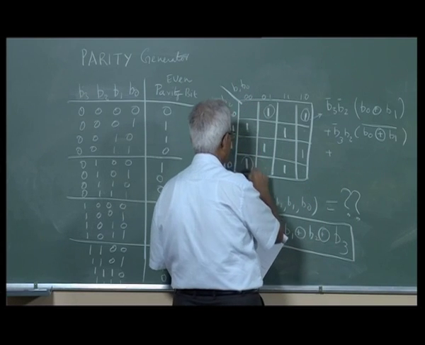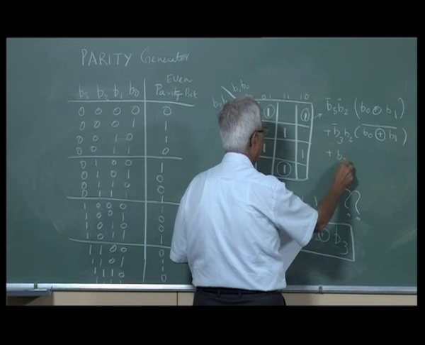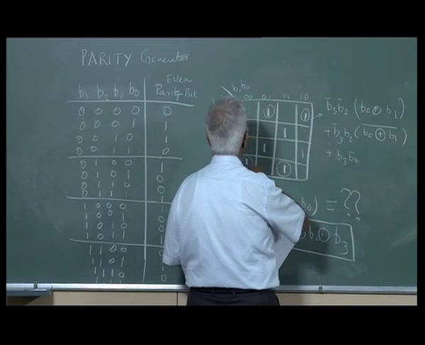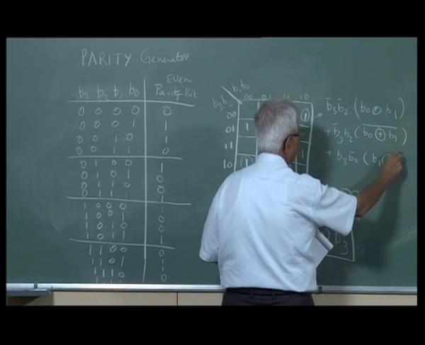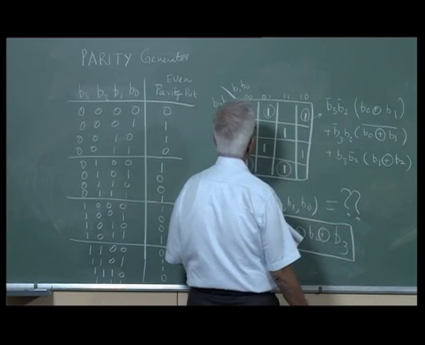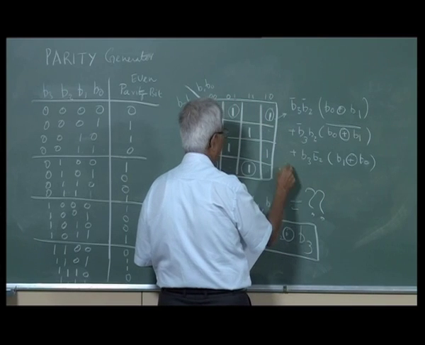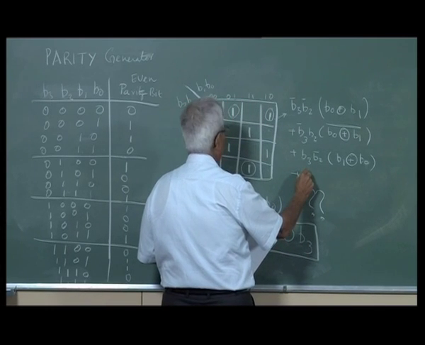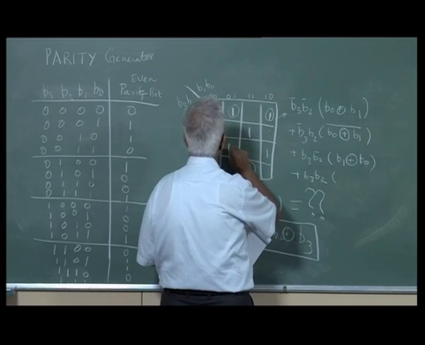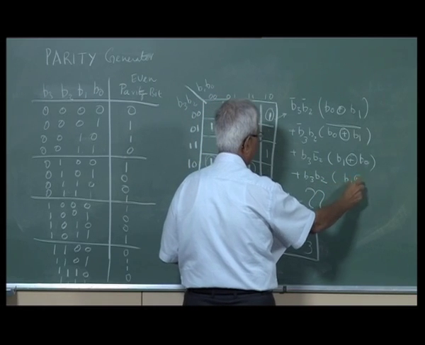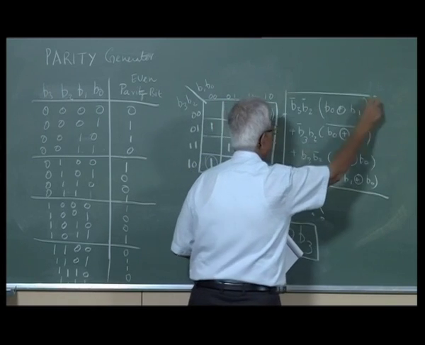Then this one forms B3 B2 bar, B1 XNOR B0. And finally these two form B3 B2 of B1 XOR B0. This is the equation.